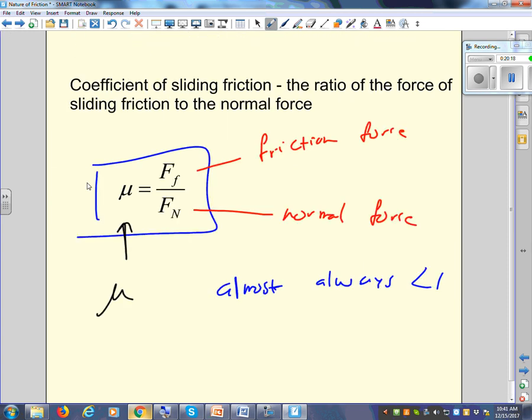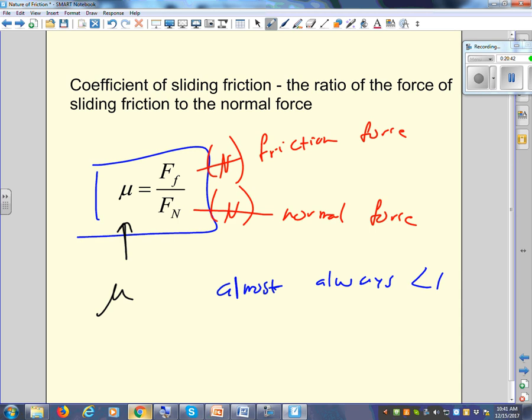Most classes usually ask me, what are the units for mu? And no one asked me that today. So I'm going to ask the question, what are the units for mu? Newtons? That's usually the answer. Well, what is the unit for friction force? Newtons, right? And what is the unit for normal force?